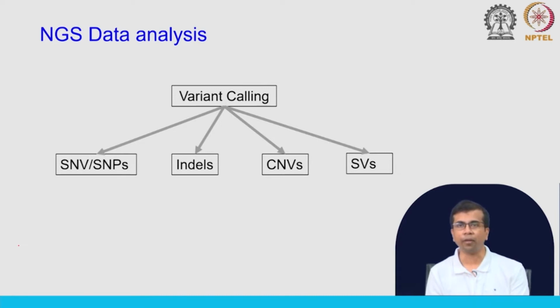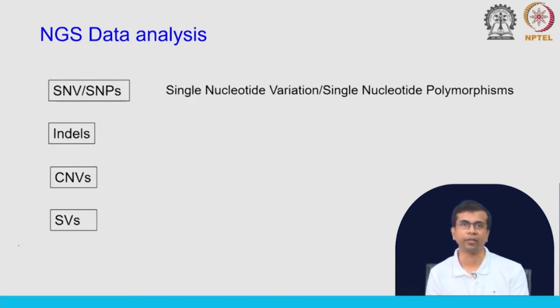So, the problem of identification of these variants is called variant calling, okay, and there are different types of variants that are possible. You have SNV or SNP, we have indels, we have CNVs and we have SVs. So, these are the full forms: single nucleotide variation or SNV, then you have single nucleotide polymorphisms or SNPs.